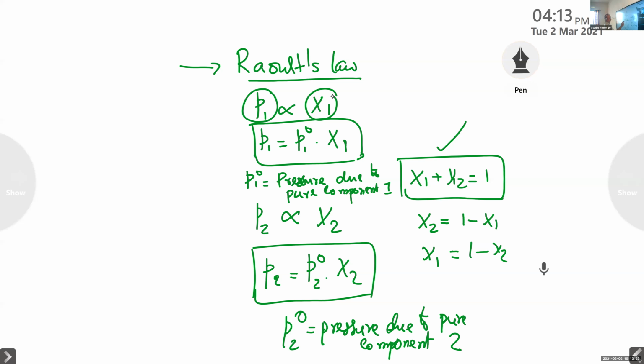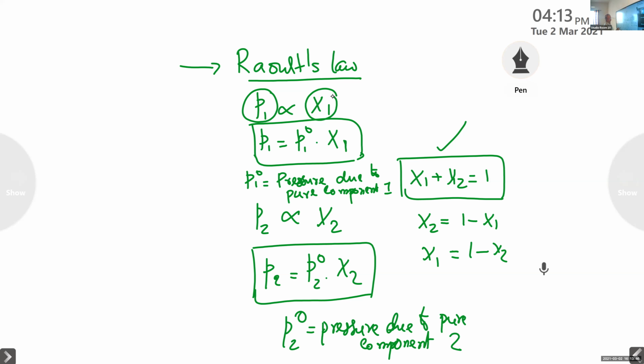Similarly, P2 proportional to X2, therefore P2 is equal to P20 into X2. So we have got two relations from Raoult's law.